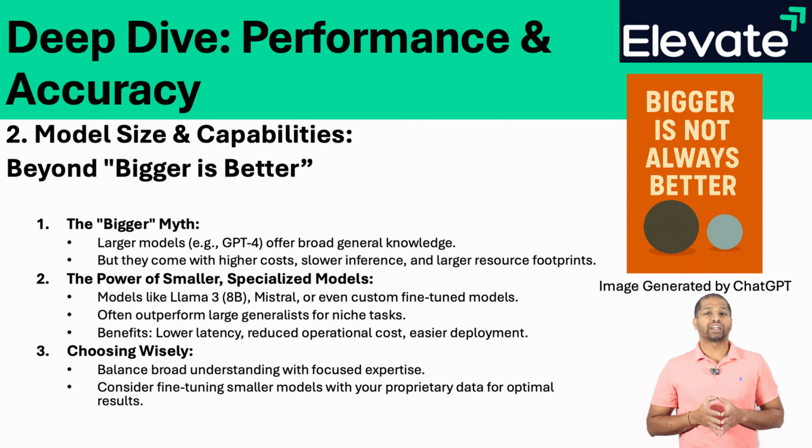The benefits are compelling: lower latency, reduced operational costs, and often easier deployment within your existing infrastructure. So the choice isn't just about raw size, it's about intelligently balancing a model's broad understanding with the focused expertise your application truly needs. Don't hesitate to explore fine tuning smaller, more agile models to achieve optimal performance and efficiency.